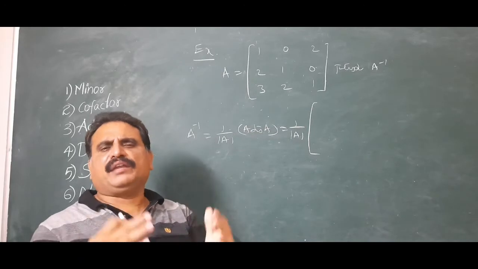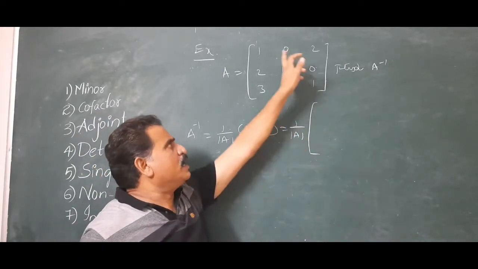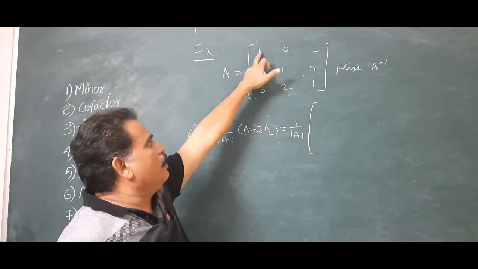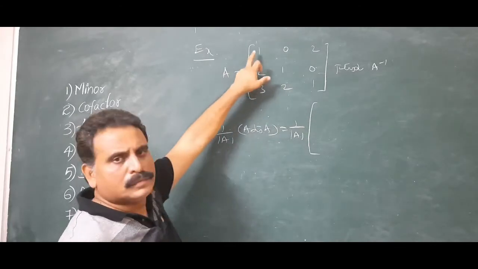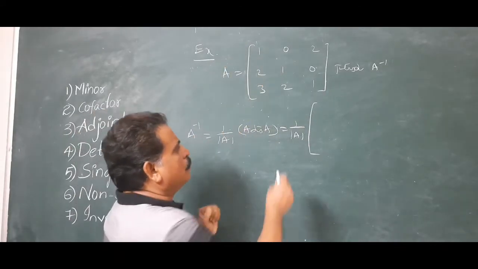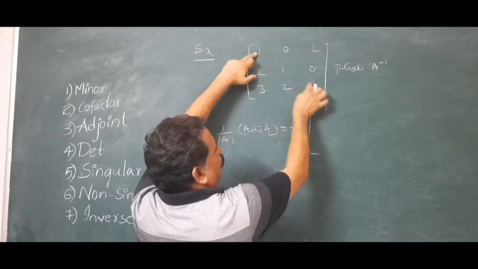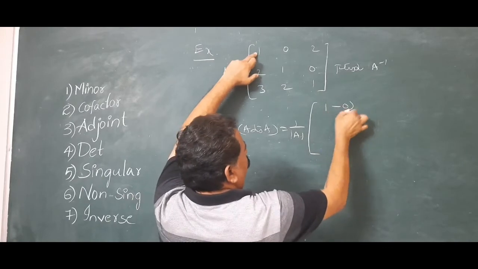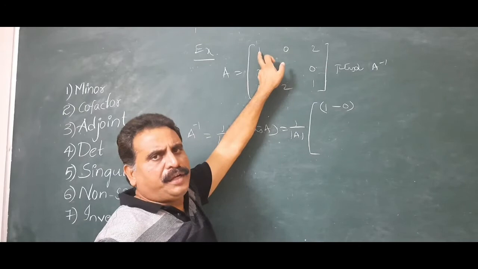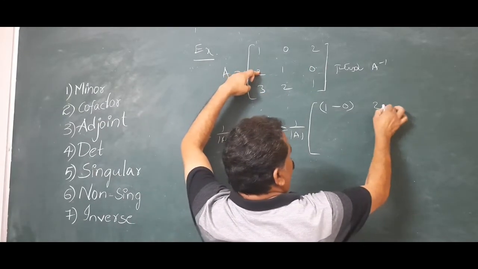First we note down the minor matrix. Minor matrix means just replace the elements with their minors. Minor of 1, look carefully. Minor of 1 is 1, eliminate its row and column, that is 1 minus 0. Next, minor of 0, eliminate first row and second column, that is 2 minus 0.